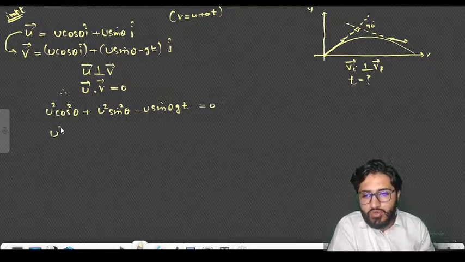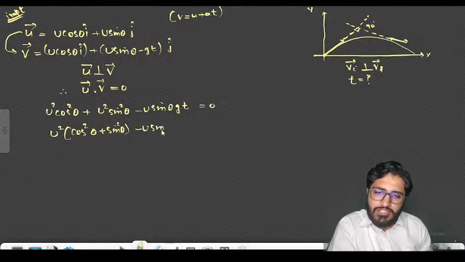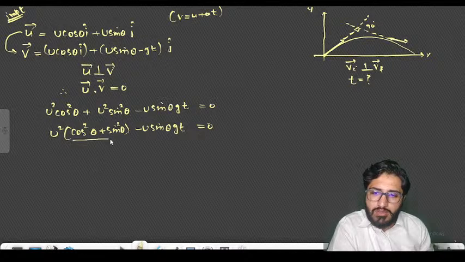I can take u square common. Inside we are left with cos square theta plus sin square theta minus u sin theta gt equals 0.